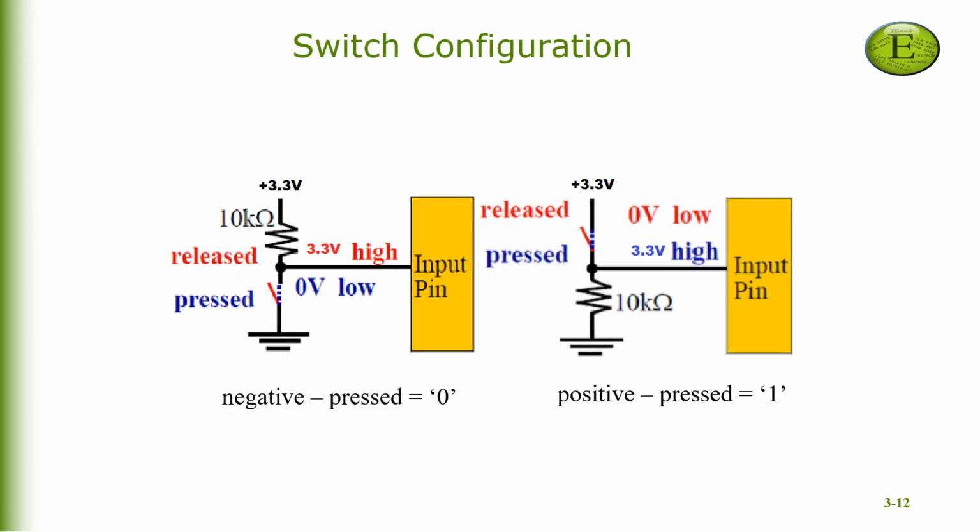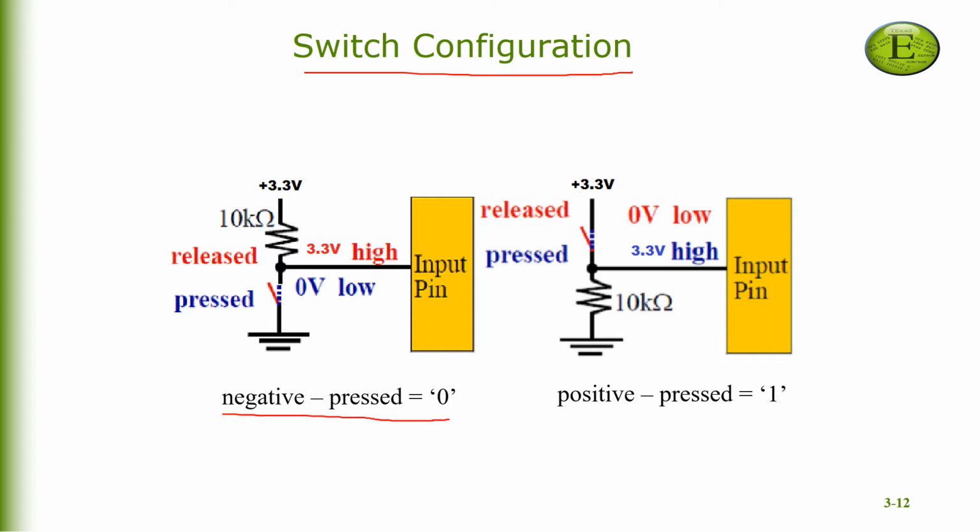We are now going to look at an example of reading data from the port. That is when we want to interface a switch to the microcontroller and we want to know if the switch has been pressed or not, and that can be done in 2 ways.